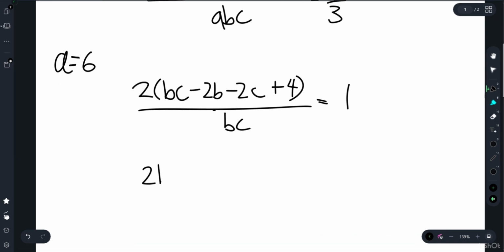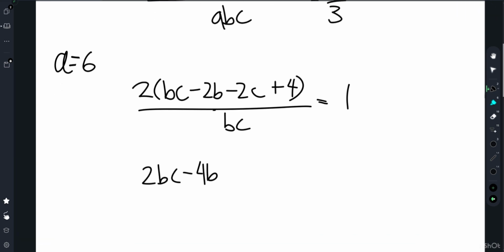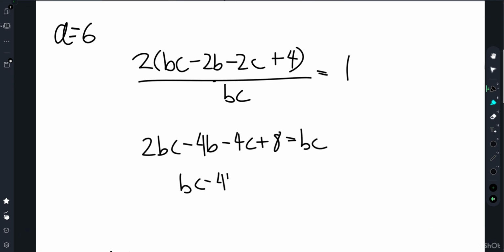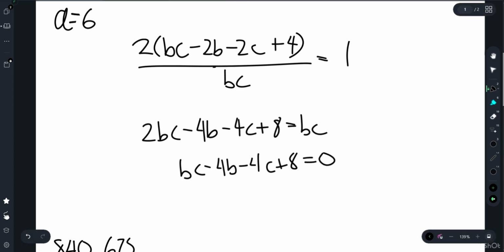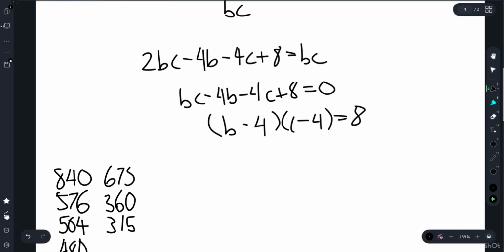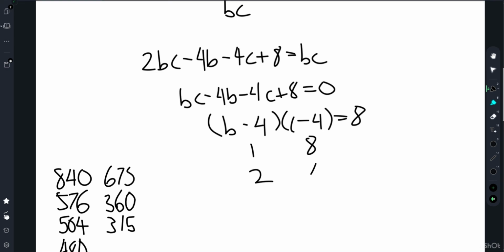So we get 2BC minus 4B minus 4C plus 8 is equal to BC. So BC minus 4B minus 4C plus 8 is equal to 0. Complete the rectangle. This is (B minus 4) times (C minus 4) is equal to 8. Same logic as before. We only have 1 and 8, and 2 and 4. So this gives us B equals 5, C equals 12, or B equals 6 and C equals 8.